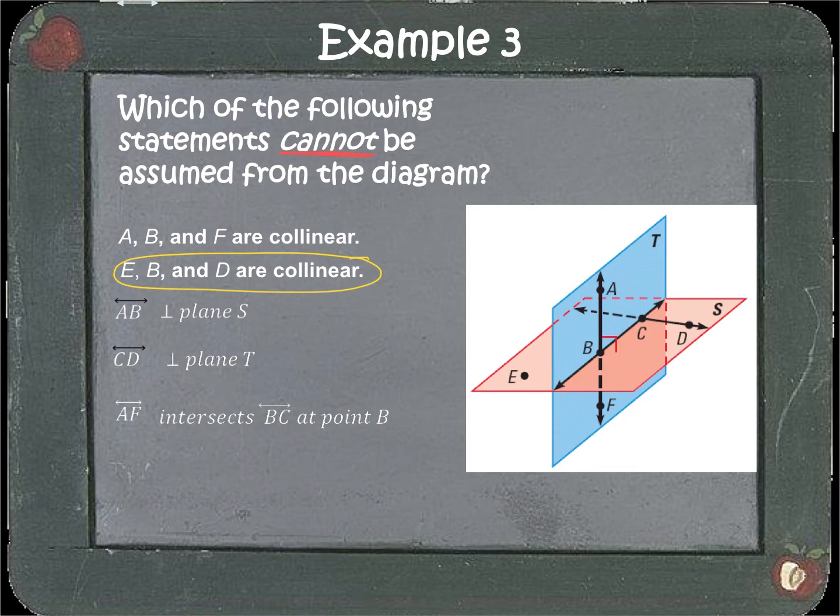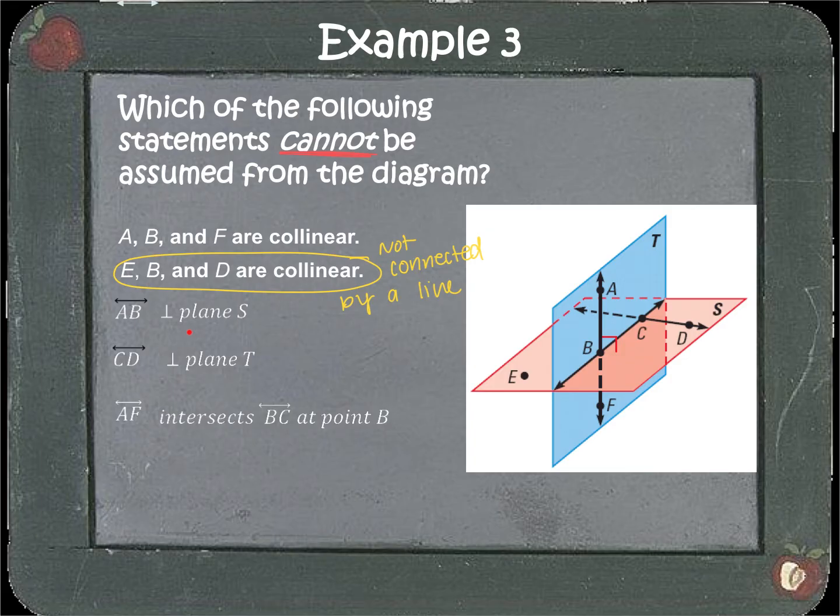Because they are not on a line. I can't see where they're on a line. So there's no line that they're on. They are not connected by a line. They're non-collinear. They're not on a line.